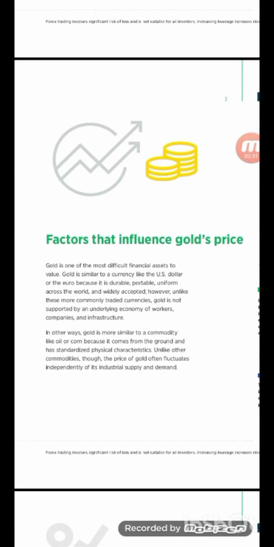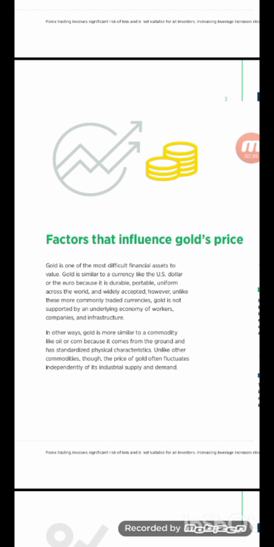Factors that influence gold price. Gold is one of the most difficult financial assets to value. Gold is similar to a currency like the US dollar or the euro because it's durable, portable, uniform across the world and widely accepted. However, unlike these more commonly traded currencies, gold is not supported by an underlying economy of workers, companies, and infrastructure.